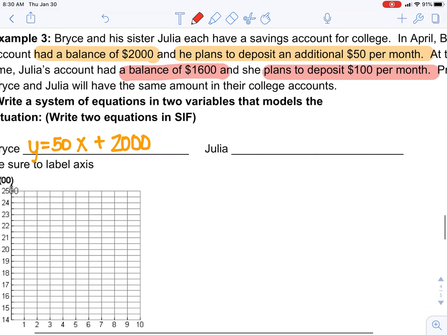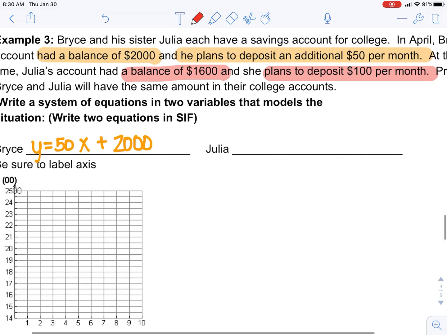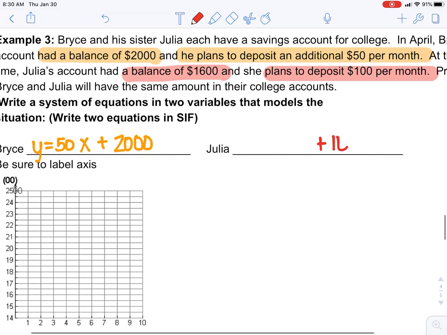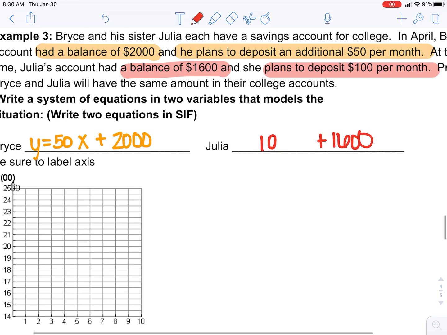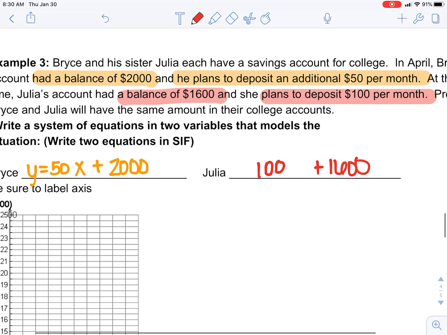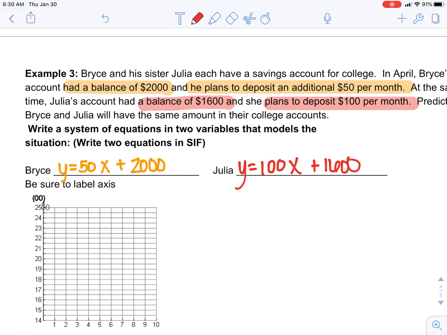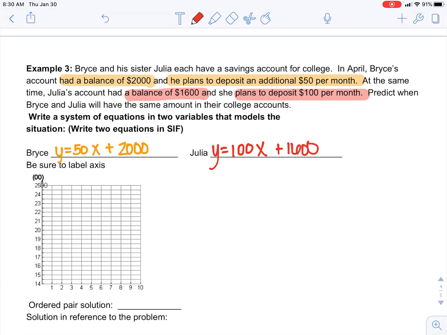Julia is very similar. She has a balance of $1,600, but she plans to deposit $100 per month, which is our slope. So y equals 100x plus 1,600.